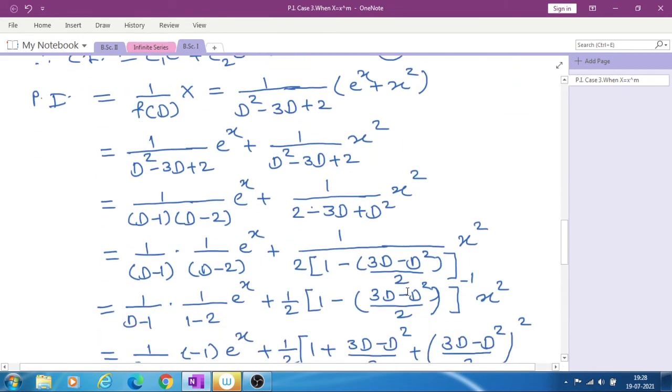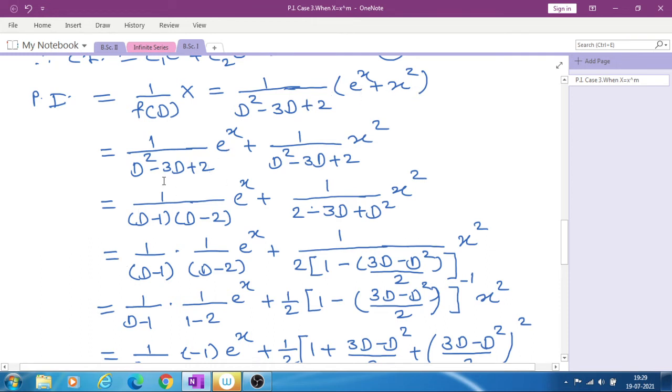Now we have to find PI. PI is, as I have told above in the working rule, always written as 1 upon F(D) into capital X. So in our example, F(D) is d square minus 3d plus 2, and capital X is given as e raised to x plus x square. You know that we separate these two terms.